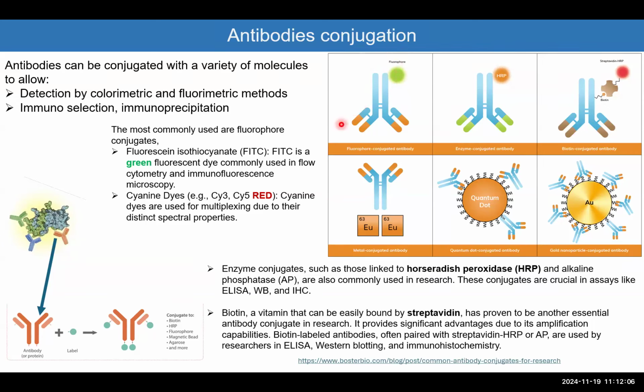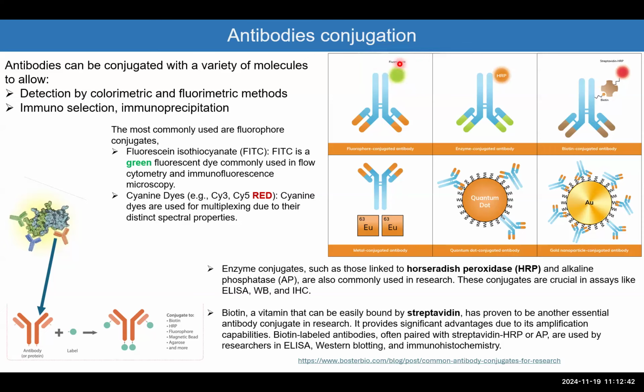So the first way to conjugate antibodies is to attach a fluorophore. And fluorophores are, in principle, molecules that, if you hit them with a light, will emit light back at a different wavelength. So this is a good way to use antibodies in microscopy, where, if this antibody detects that protein and you hit with a laser, this antibody will emit light.